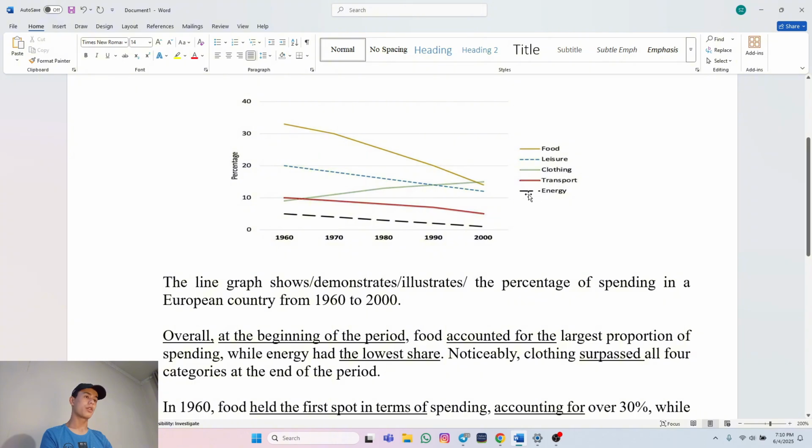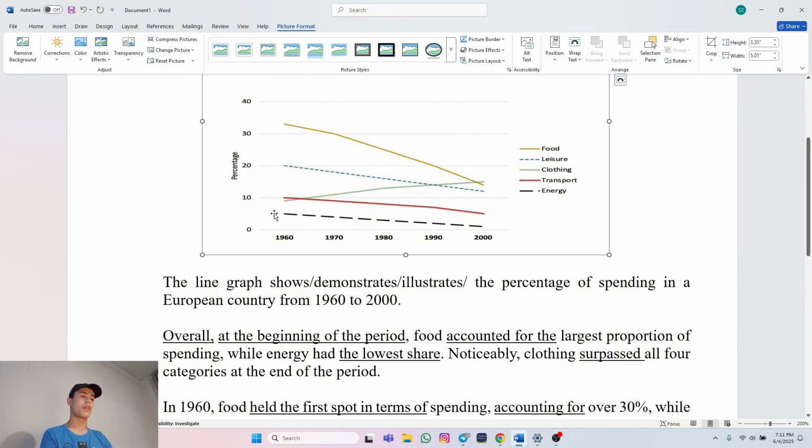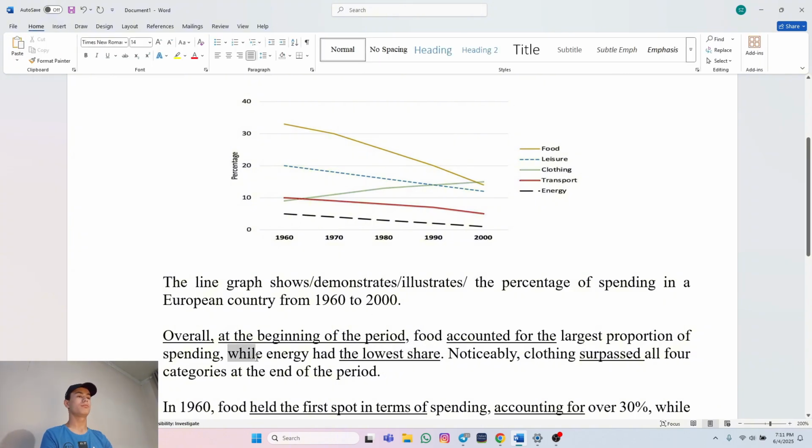Energy, the black one, stood at the lowest point, and I described it like this: had the lowest share. I don't have to explain in detail. You can use these "while" structures to give two points.